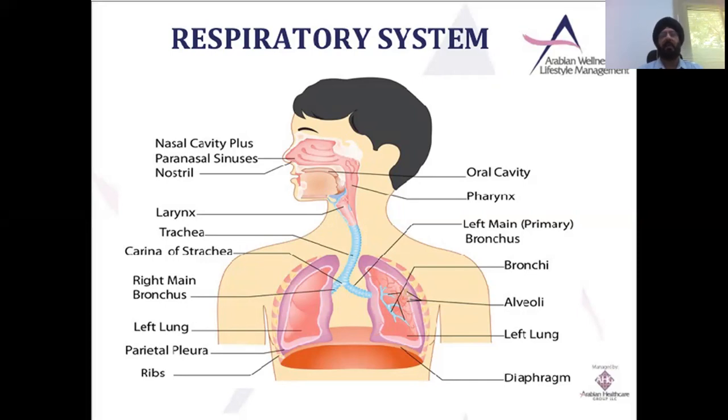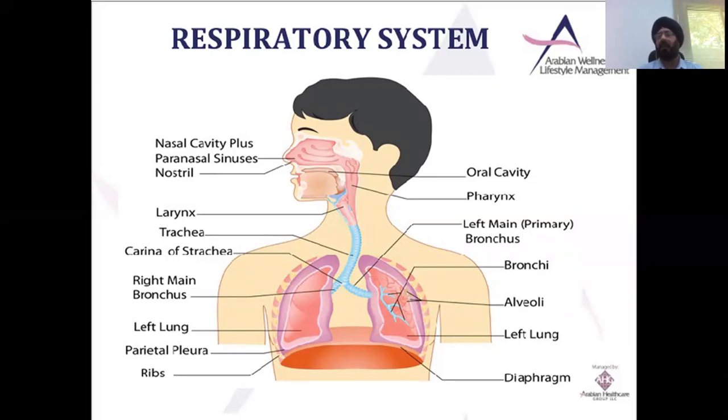The lower respiratory tract, the trachea, bronchus, lungs, bronchial tree, air sacs, the alveoli, are inside the thoracic cavity, in the chest cavity. Now there are two lungs, one on each side, right lung and left lung.